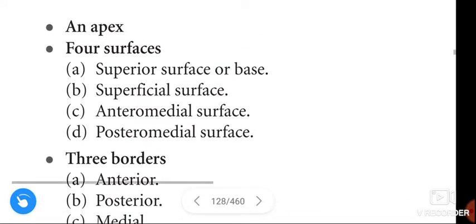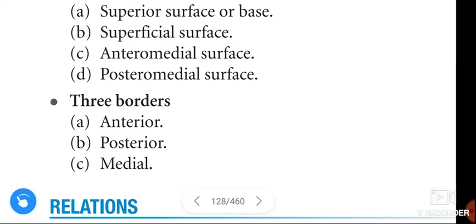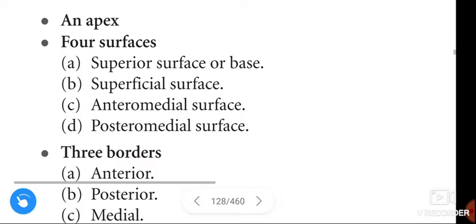These are the external features of the parotid gland.